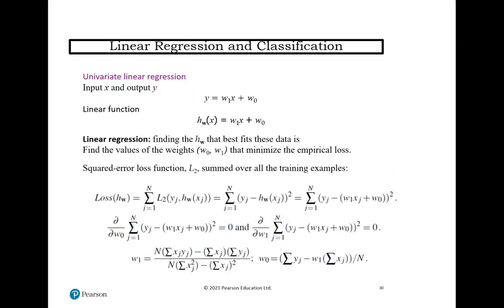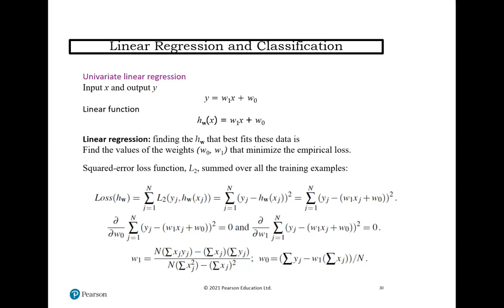I want to move next to a topic that's very important, which is the foundation of all the neural network and deep learning we're going to be doing, which is essentially linear regression and classification. So we're all familiar with linear regression, maybe from high school or college.